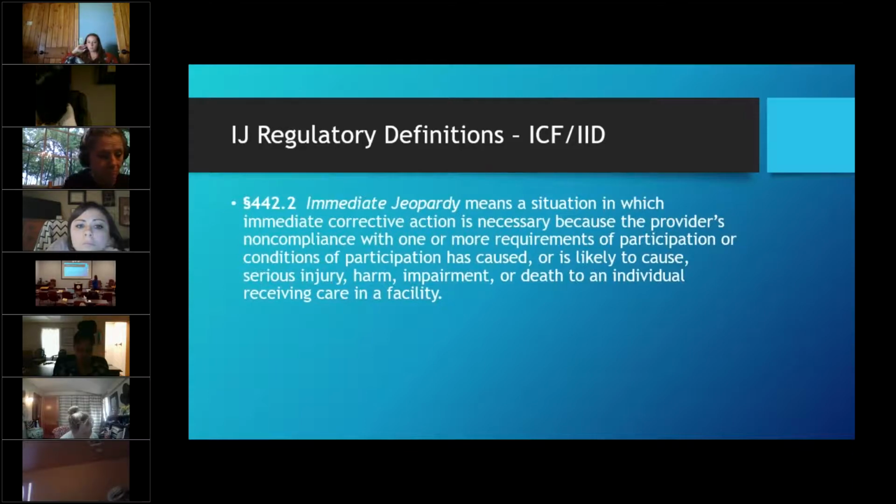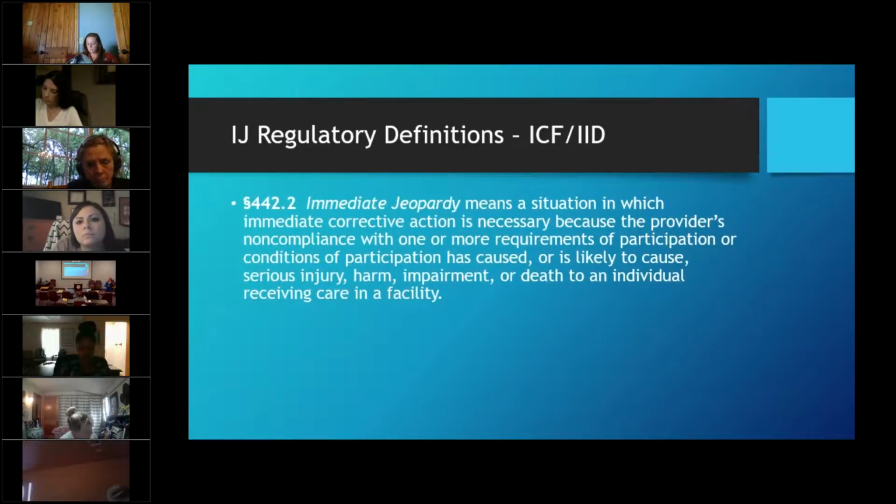Immediate jeopardy means a situation in which immediate corrective action is necessary because the provider is non-compliant with one or more requirements of participation or conditions of participation, has caused or is likely to cause serious injury, harm, impairment, or death to an individual receiving care in a facility. So ICFs have conditions of participation.